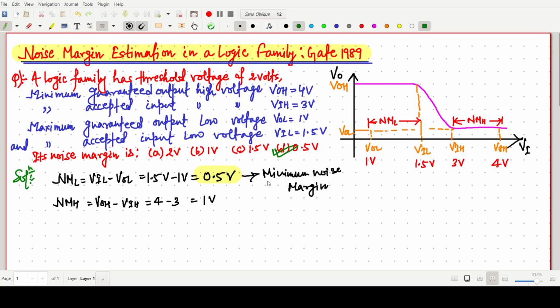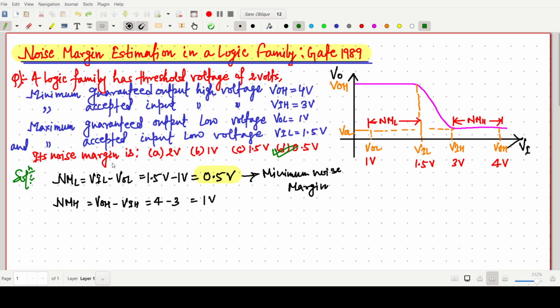So it is a very simple question, but the fundamentals you have to know. Here VIL is the maximum input voltage given to the inverter that will give a high value of output, and VIH is the minimum input high voltage that will give the low output voltage.